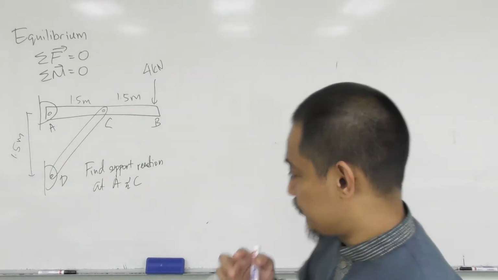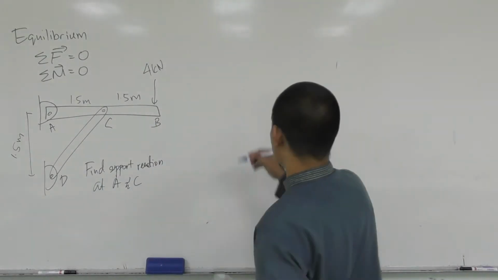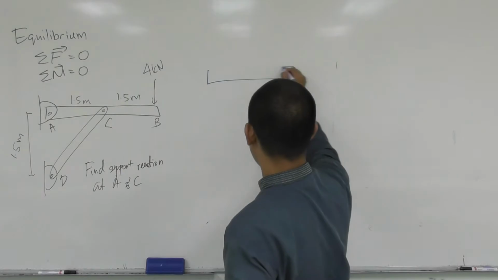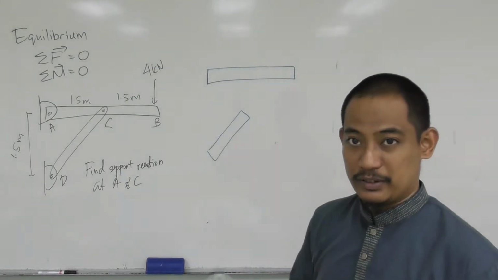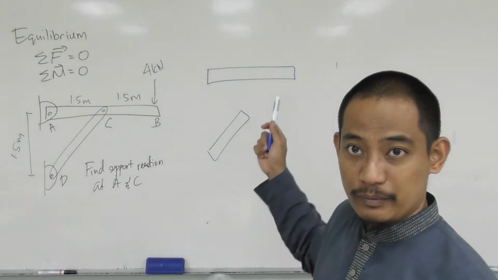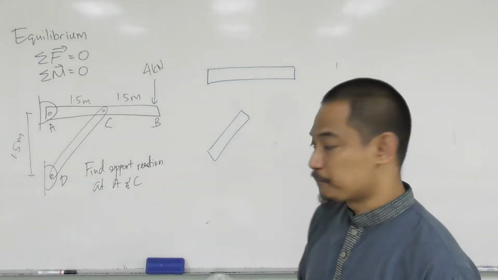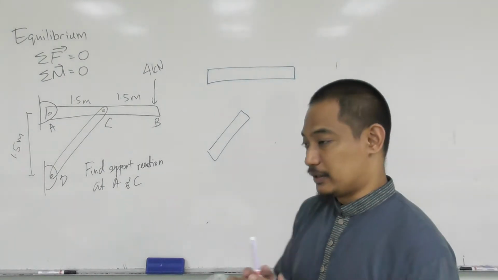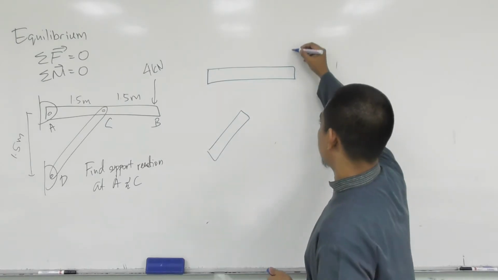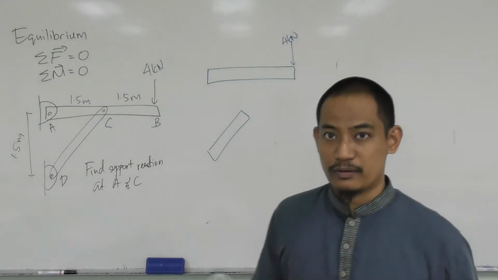If you draw the members, you can see there are two members here, one member and another member. If you split the member, then you have one member and another member there. Of course, this one is given, so we'll draw this one first, 4 kilonewton.